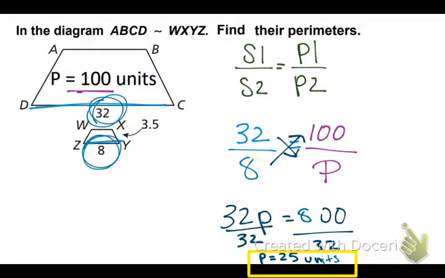So it's a fourth, right? What's a fourth of 100? 25. So on your quiz, it's going to ask you what the ratio of the perimeters are. It's the same as the scale factor. Does that make sense? That's why I wanted to tell you that. So sorry for the mistake. All right.